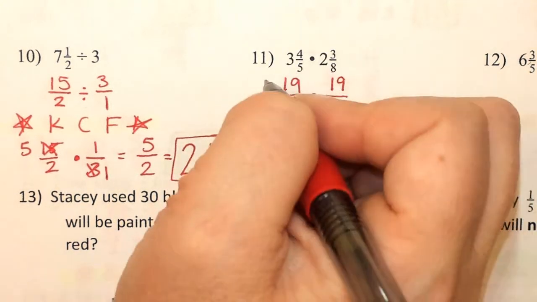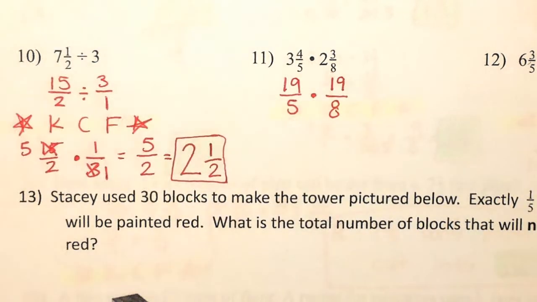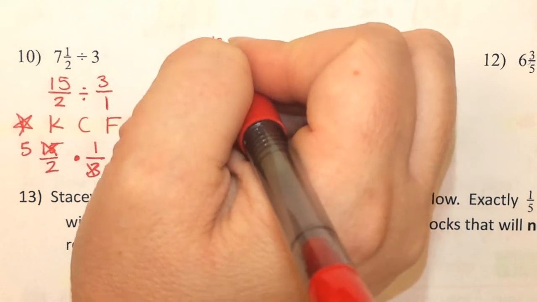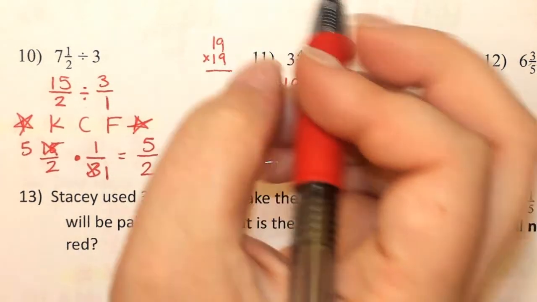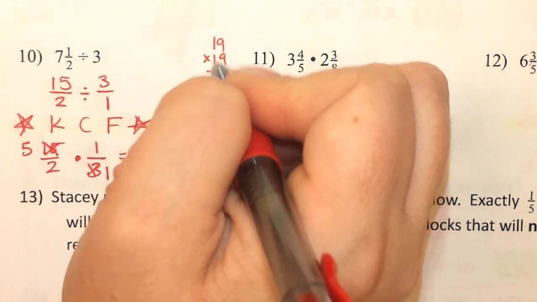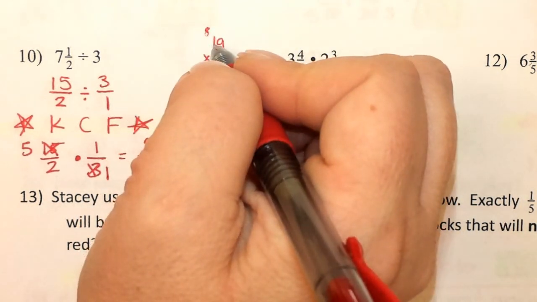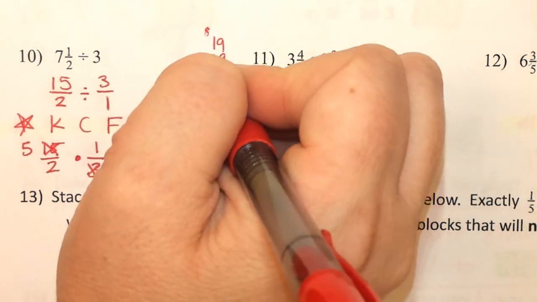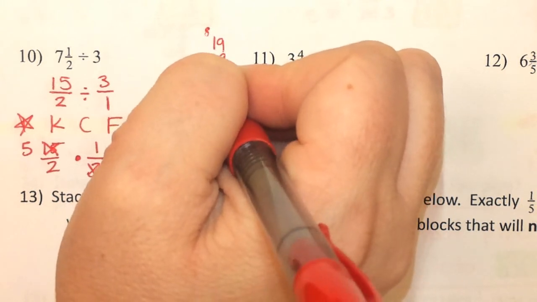So you can go over to a side of your paper. You can flip it over on the back if you want. All right, I'm just going to go over here right next to it. 19 times 19. Okay, so 9 times 9 is? 81. Carry my 8. 9 times 1 is? 9. Plus the 8 is? 17.